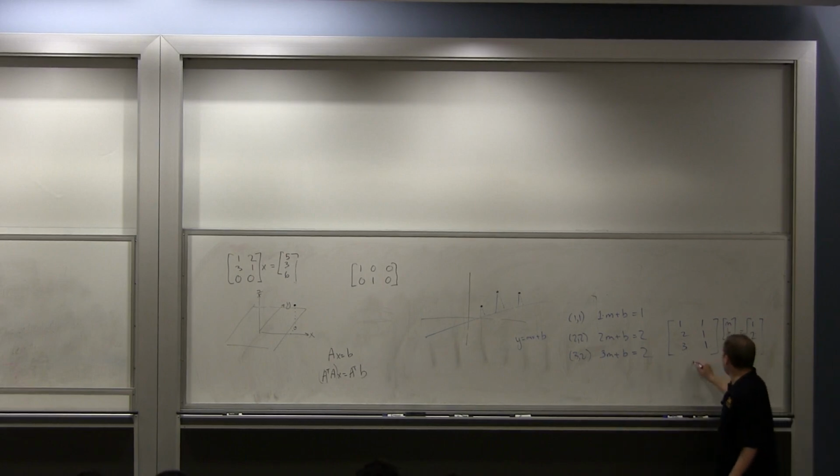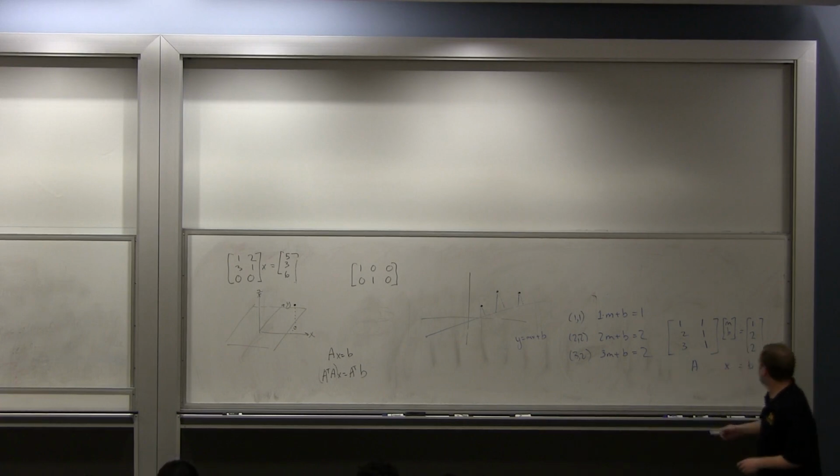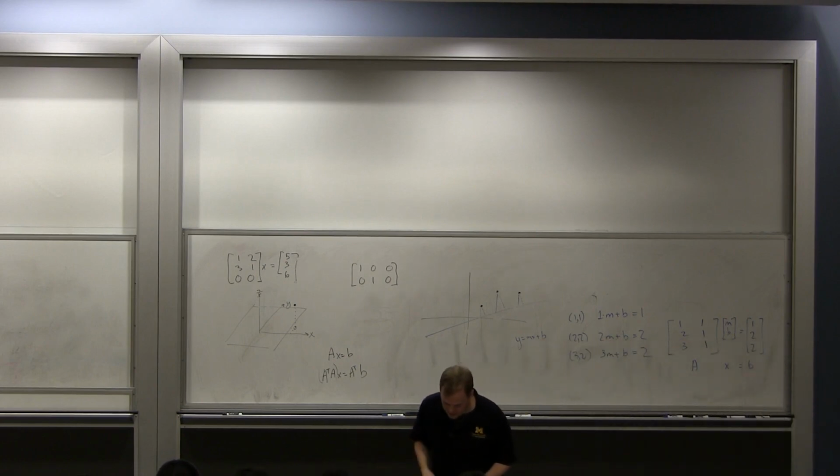I now have an overdetermined Ax equals b problem, which we already know how to solve, right? It's overdetermined, so we're going to have to use the set of normal equations. We'll solve the normal equations instead. And when we solve for that, we're going to end up with a value of m and b. And I can tell you that indeed the line fits and it has a low error.